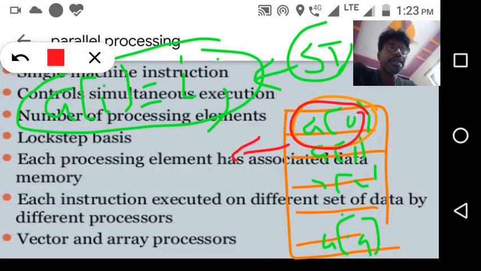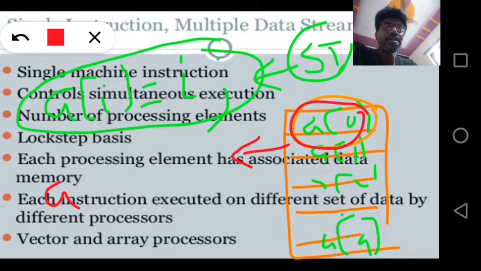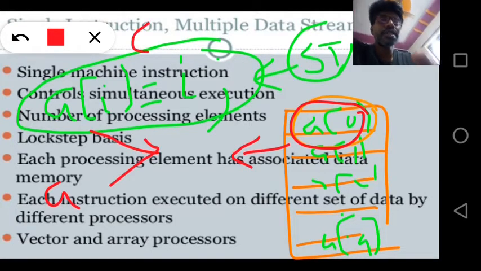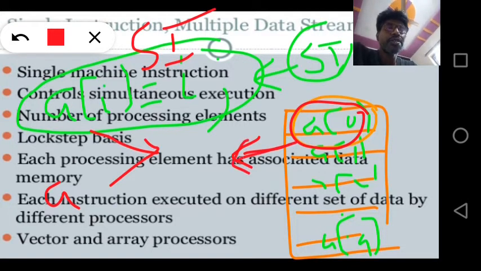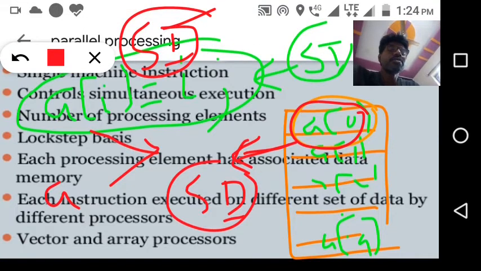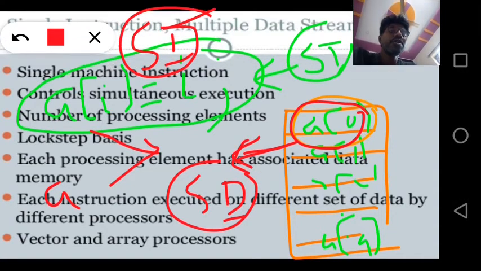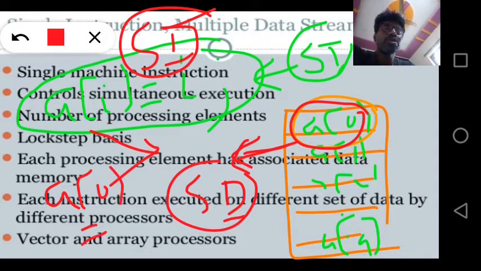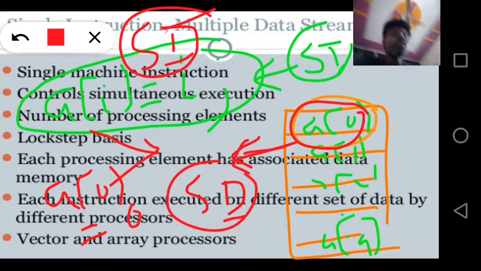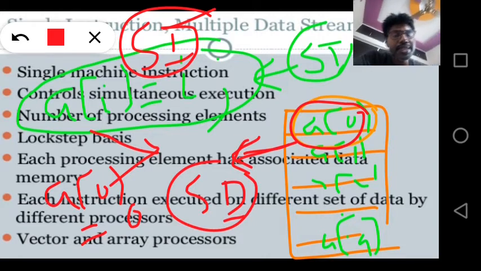The ALU simply assigns the value of A of 0 to 0. Like that it goes on repeating until the for loop ends. This usual thing happens in SISD.